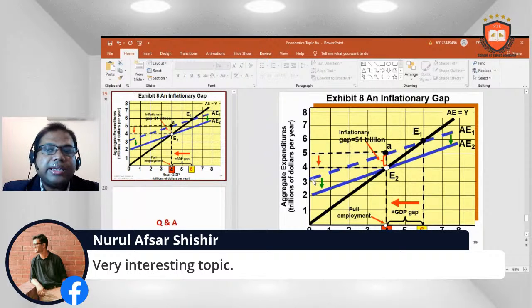From 3, this is AE3, and from $4 trillion there is the equilibrium point E2, and from 6 there is the equilibrium point E1. This is the GDP gap, and here full employment will be at 4.